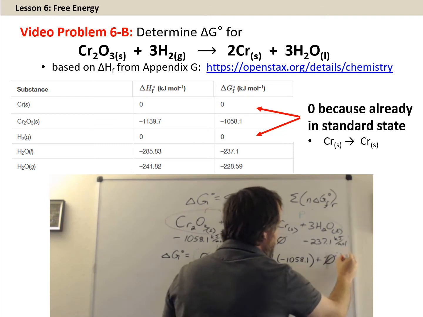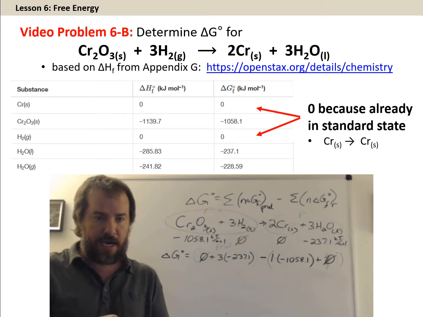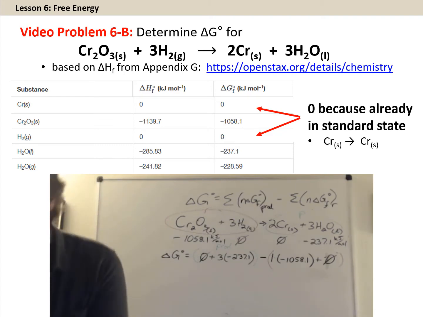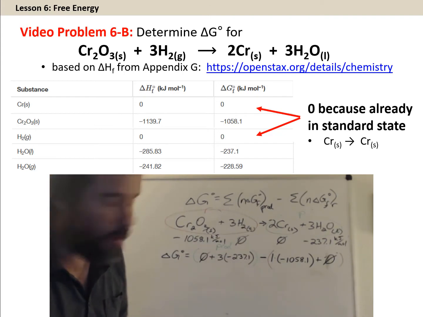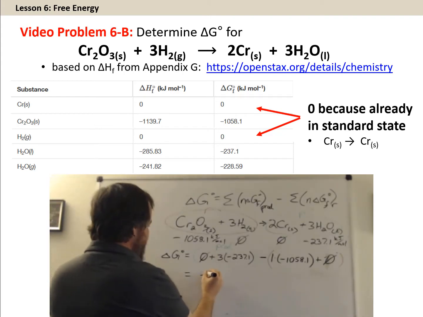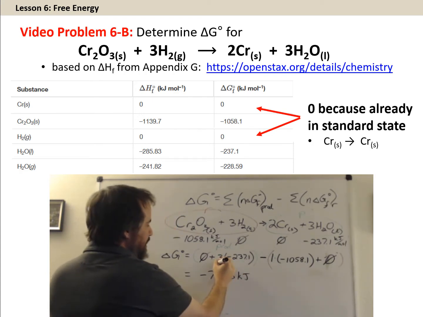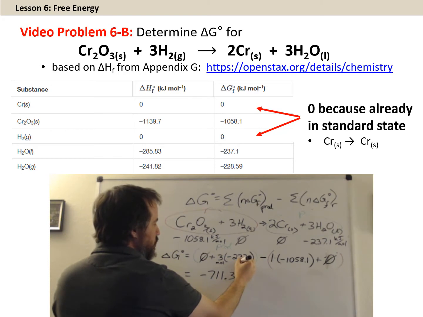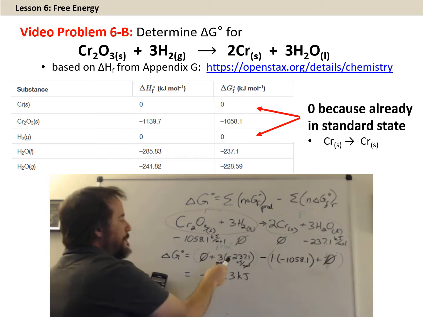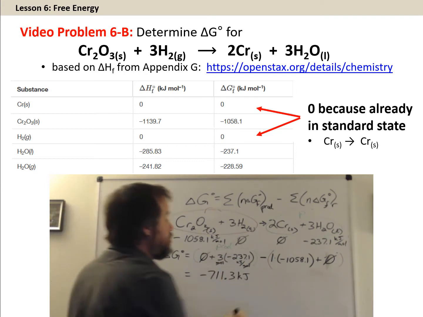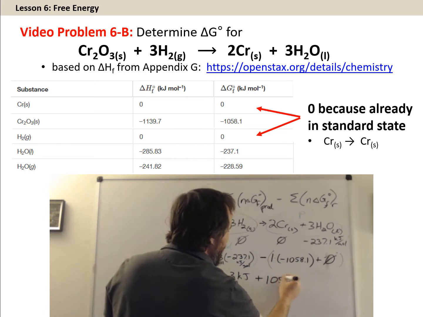Let's go ahead and figure this out. 3 times 237.1 is a number I don't know off the top of my head, so I need to look it up. This will be negative 711.3. Notice this is in kilojoules per mole, so the moles are going to cancel out and I get kilojoules. Be careful about that sign. It's going to trip you up. Here, I have negative times negative, so this is going to get me positive.